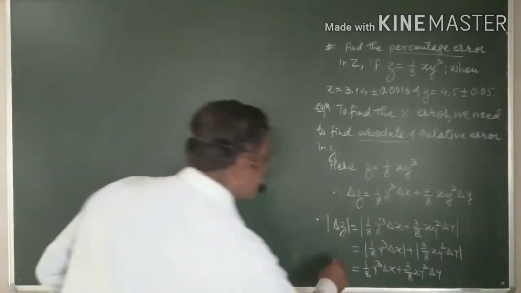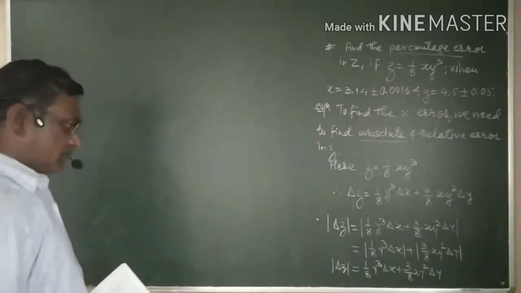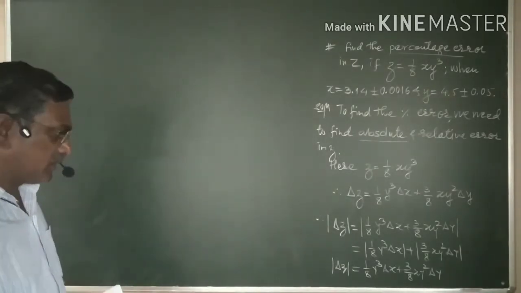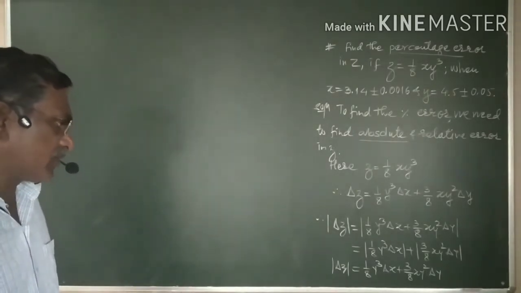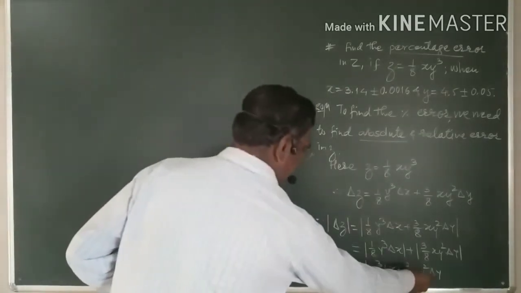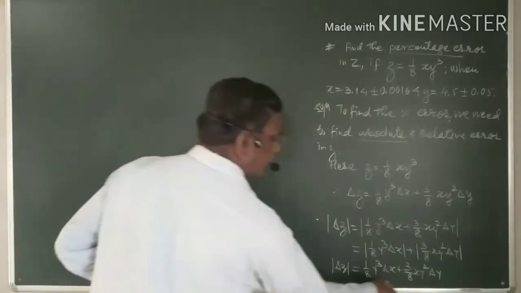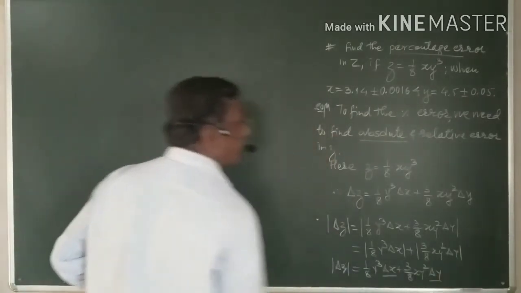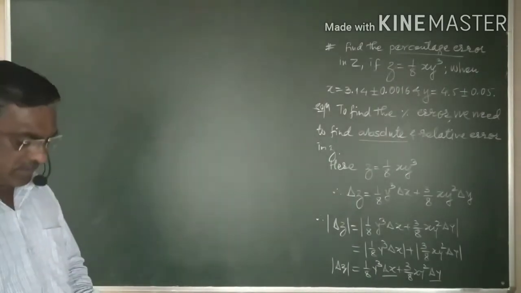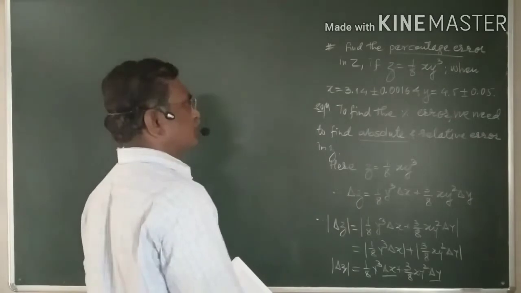Now this is the magnitude of del z, or mod del z is equal to 1 over 8 y cube del x plus 3 over 8 x y square del y. Okay. Now the question here is what are the values of del x and del y? Here the values of del x and del y are given to you.